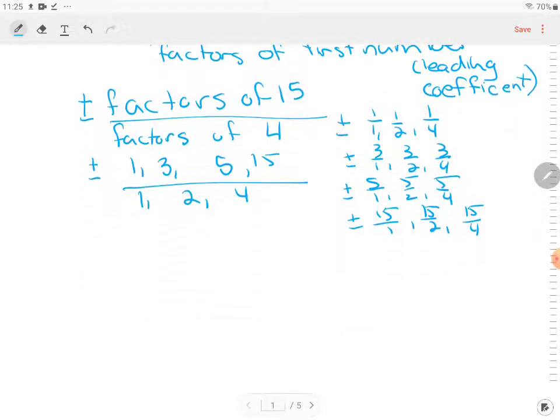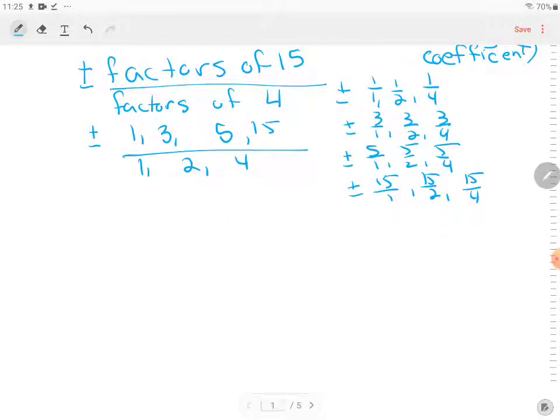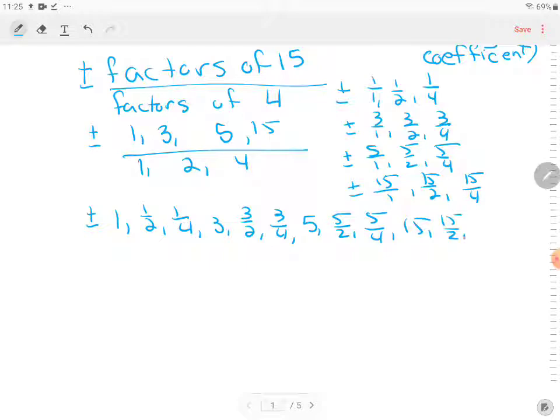So depending on how these are written out, let's go ahead and simplify. So it's plus or minus 1, 1/2, 1/4. 3, 3/2, 3/4. 5, 5 over 2, 5 over 4. 15, 15 over 2, 15 over 4. And if I'm going to list all of them, I would list all the terms positive and all the terms negative.